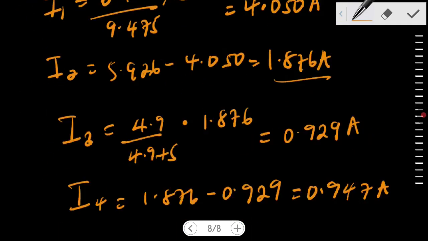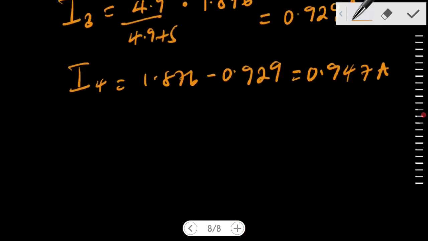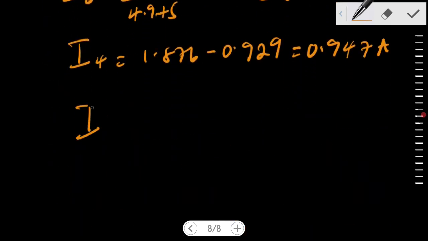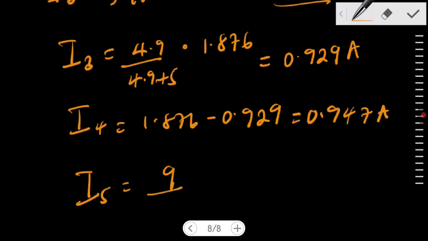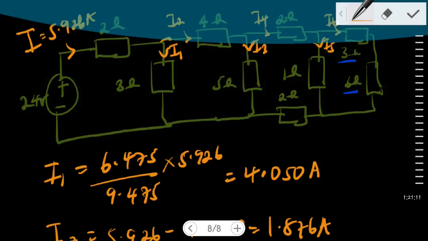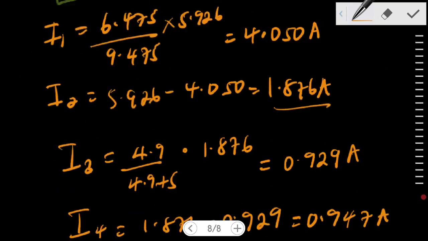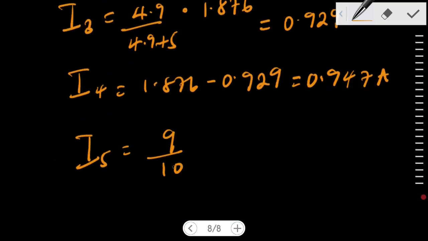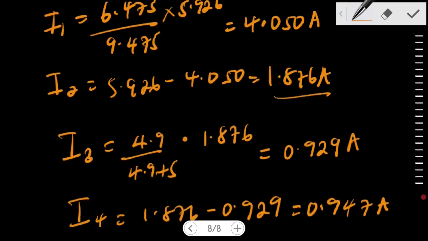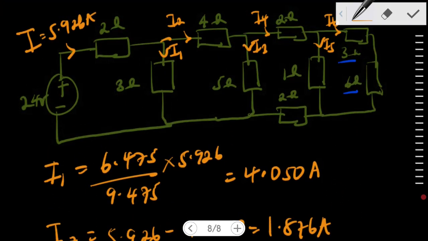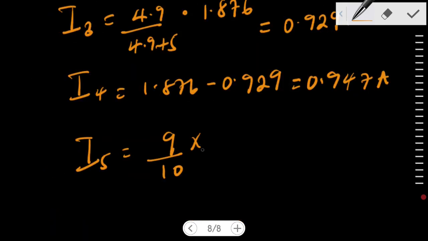So that means that for us to get I5, our I5 equals 9 over 1 plus 9, which is 10, times the current that's coming from this part, which is I4, so times 0.947.